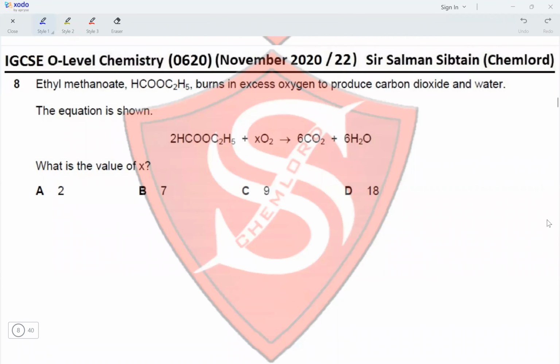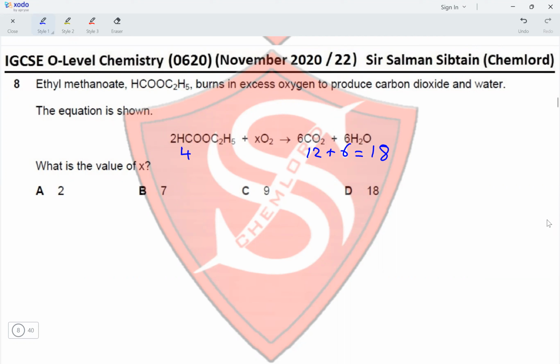Question 8. Ethyl methanoate burns in excess oxygen to produce carbon dioxide and water. The equation is shown. Okay, and what is the value of X? X is the moles of oxygen gas required. So we calculate the number of oxygen atoms on the product side, which would be 6 times 2, 12 plus 6, giving us a total of 18. So the number of oxygen atoms present in the reactant is 2 times 2, which is 4.